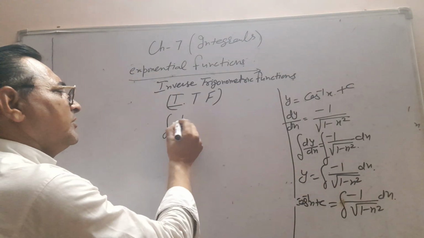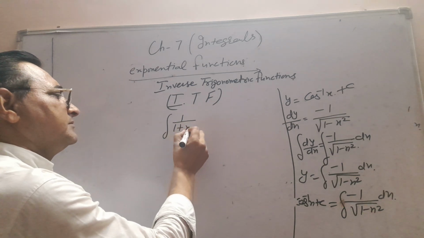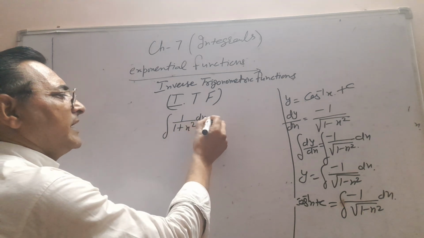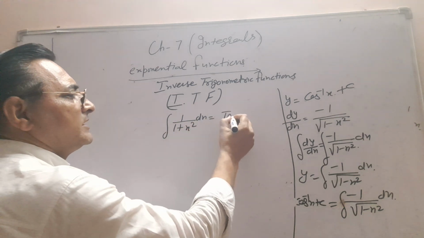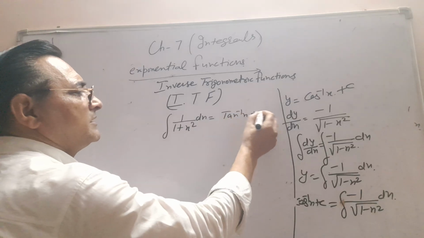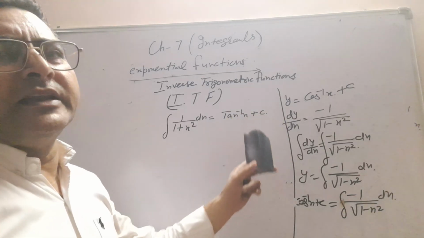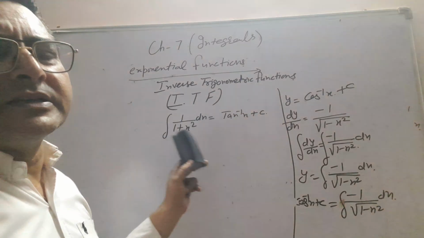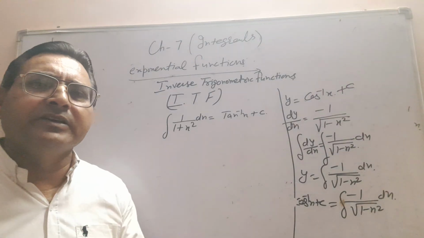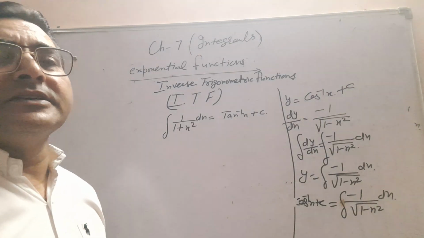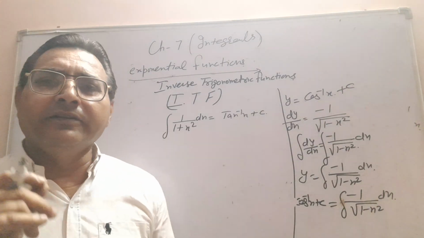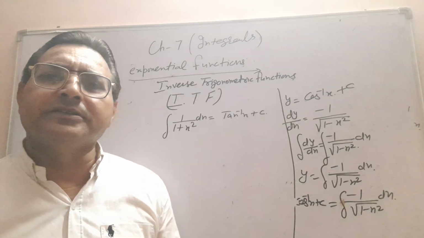If there is 1 upon 1 plus x square into dx, then its integration will be tan inverse x plus c. Because the tan inverse derivative is 1 upon 1 plus x square. And in the last lecture we discussed what integration is. Integration is the reverse process of differentiation.